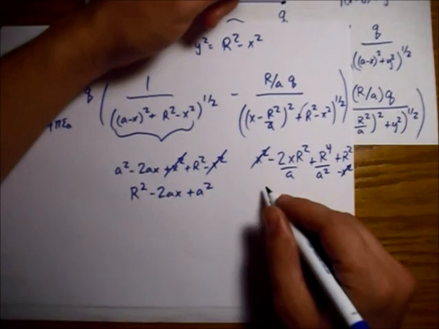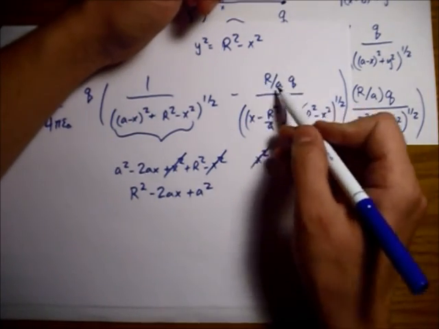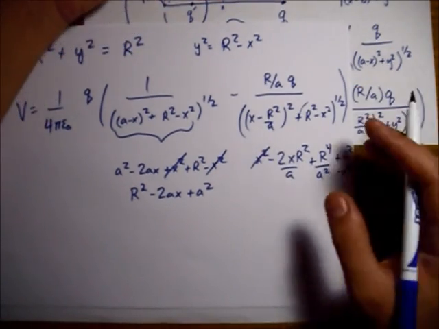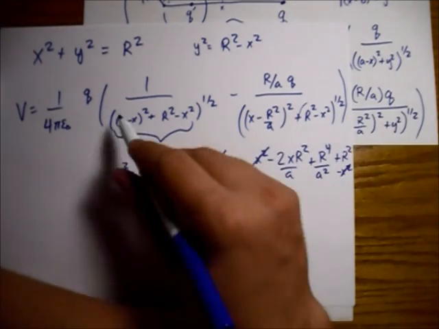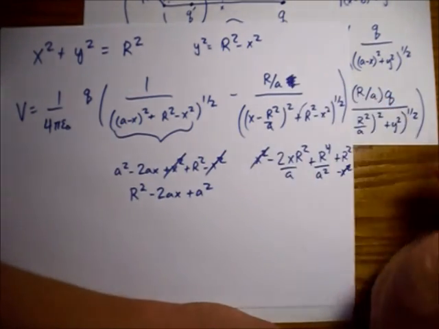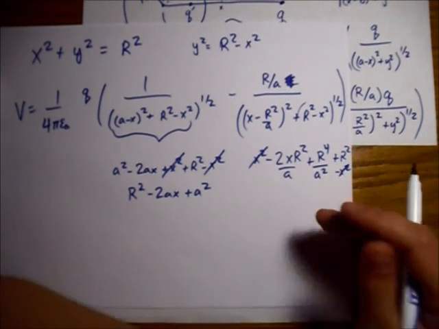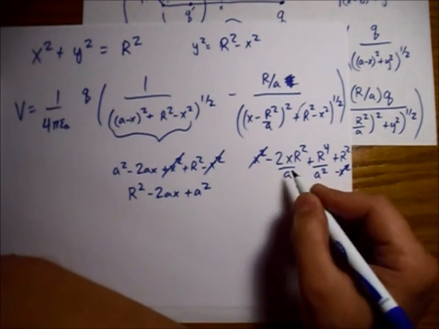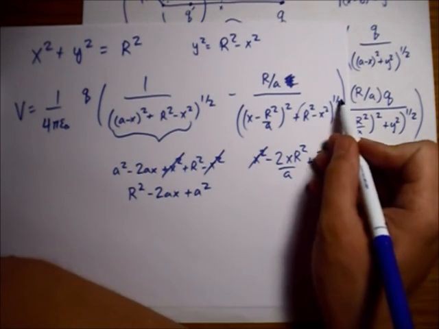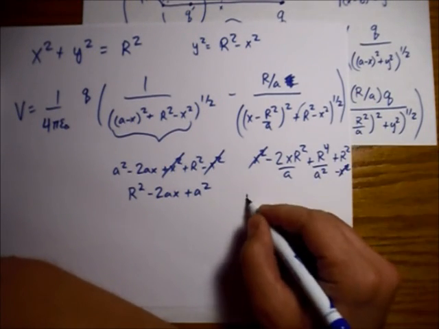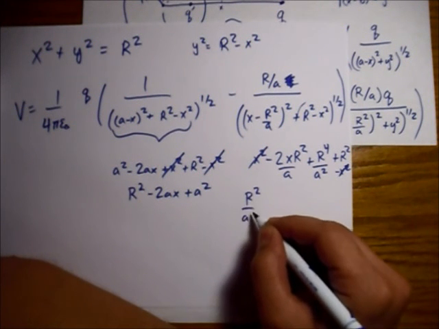Obviously it has to cancel with this if what we're saying here is true. Oh, and by the way, I guess I factored out this q. So let's go ahead and factor out an r over a. What can we lose, right? But this is under a square root, so let's factor out an r squared over a squared.